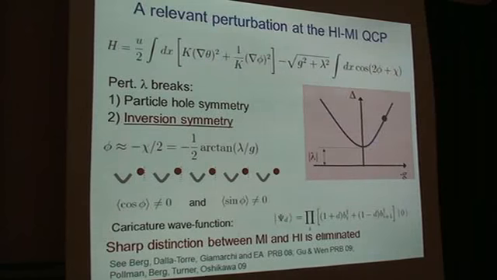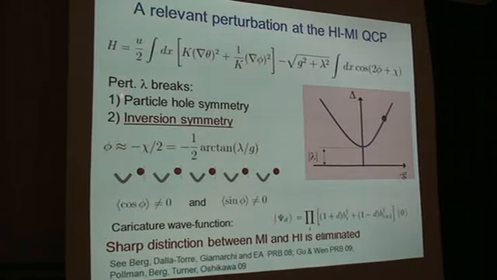Okay, so the sharp distinction between the Mott insulator and the Haldane insulator is now eliminated once we break inversion symmetry. That's why we say that the distinction between these two phases in a bosonic system is only protected in presence of inversion symmetry.